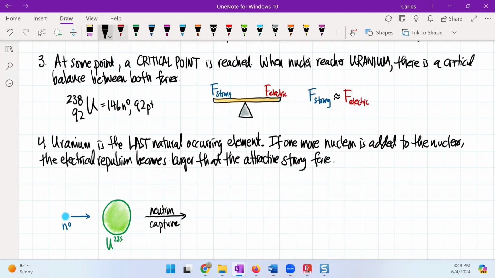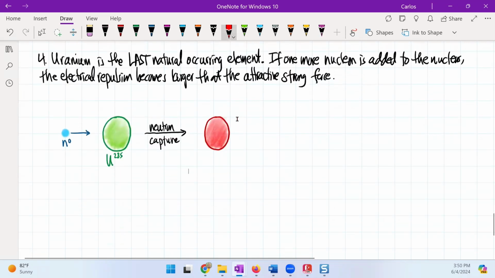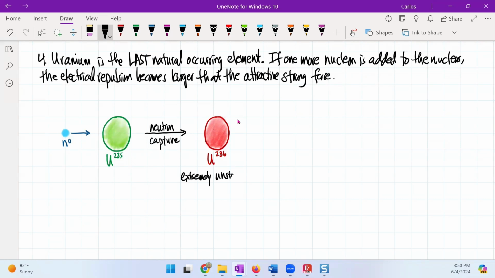In this process, it absorbs that neutron. And if it absorbs it, this goes to uranium 236, and this guy is an extremely unstable nuclei.